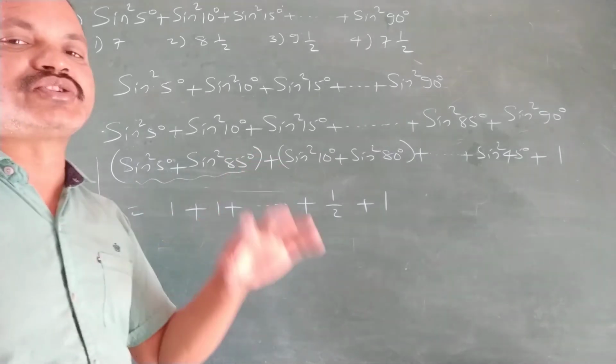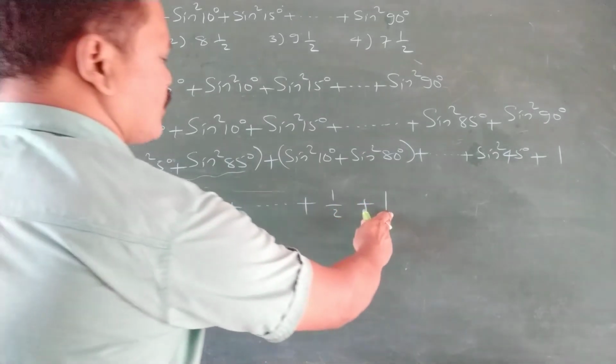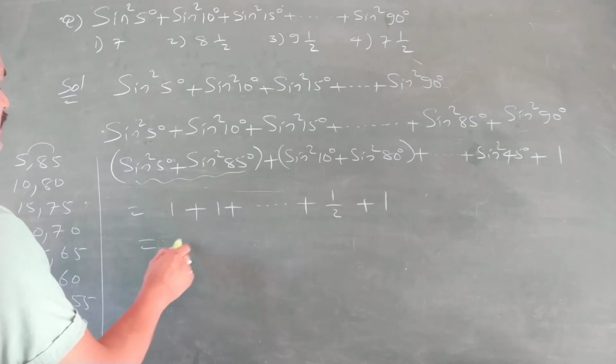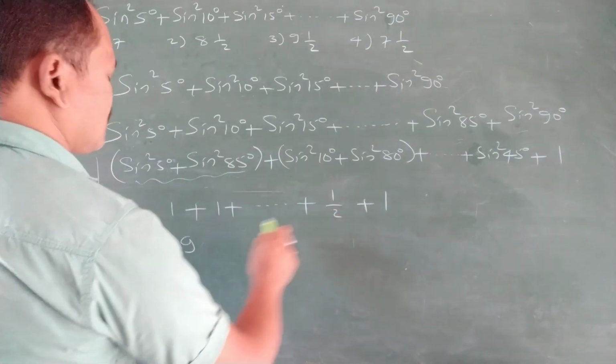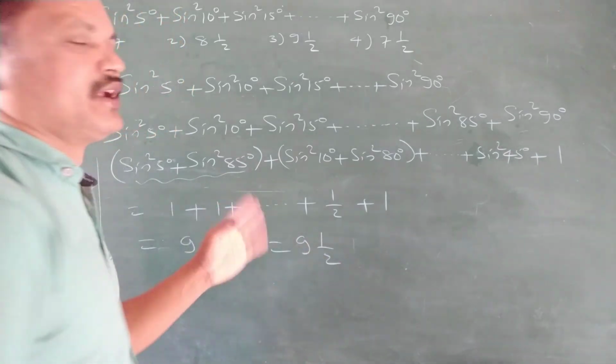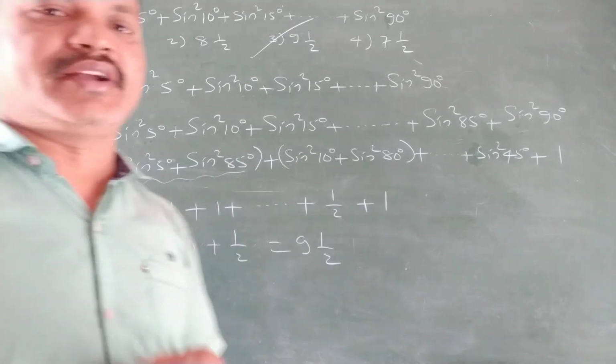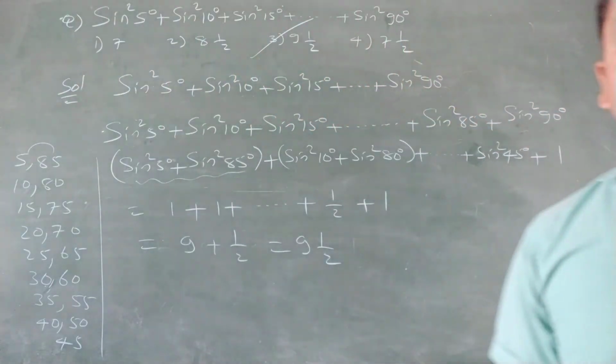So 8 ones from the pairs, and sin square 90 is another 1, so 9 ones plus half. That's why it is 9 and half. The third option is correct. That's all.